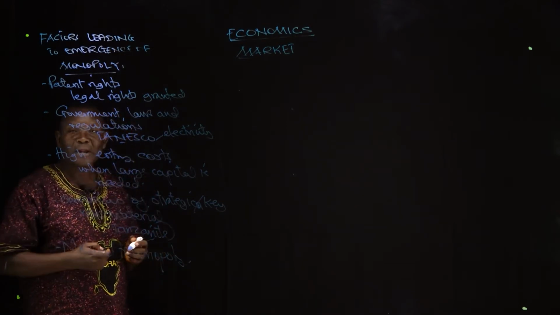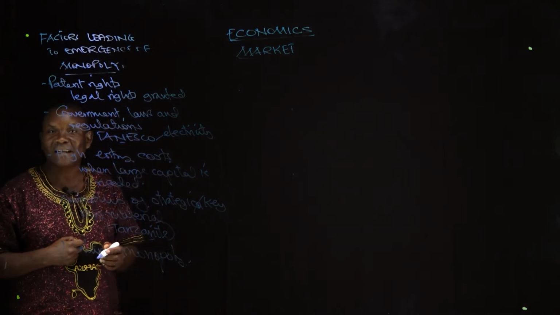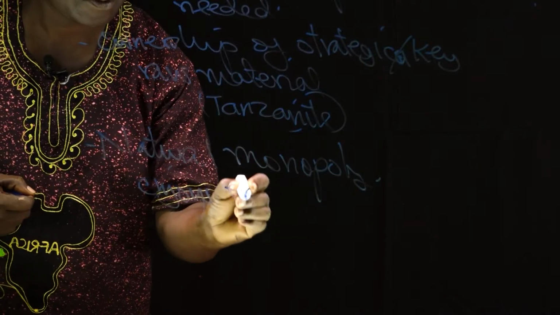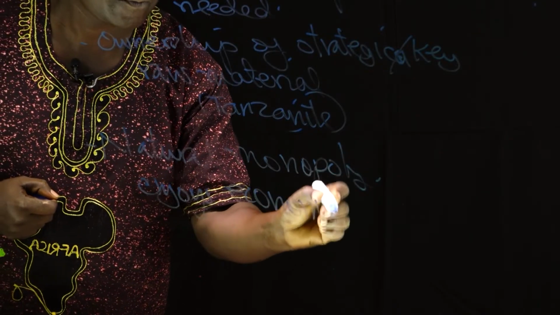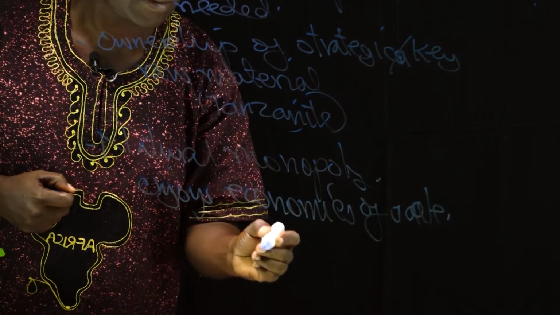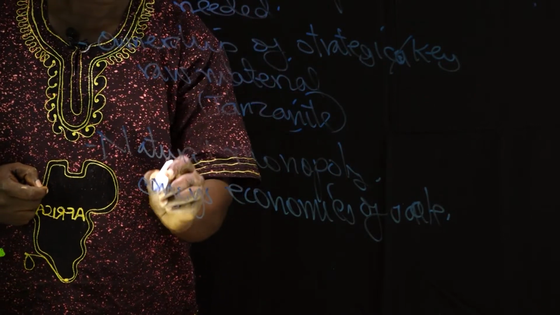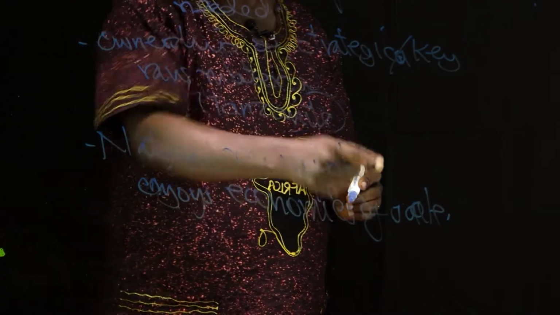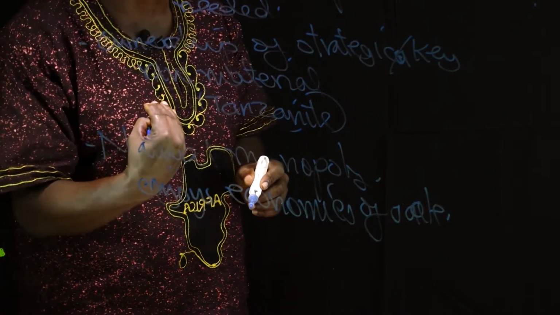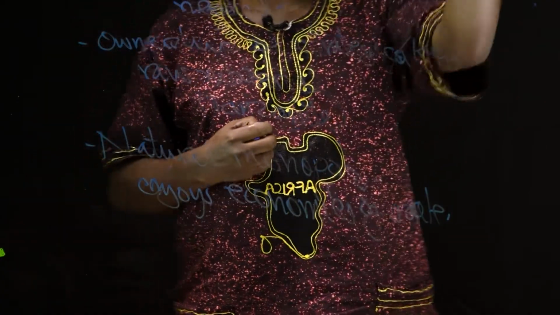But natural monopoly happens when a firm enjoys economies of scale, which implies that you produce a certain commodity at a low cost compared to other producers.